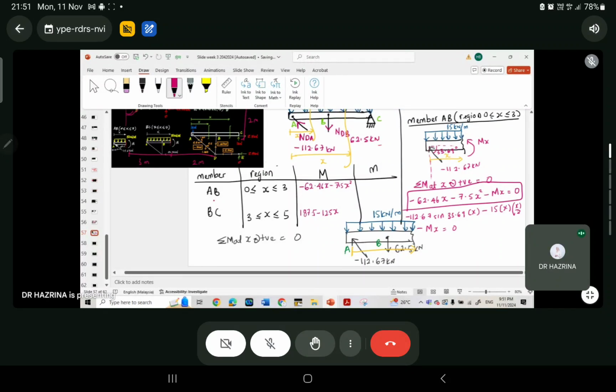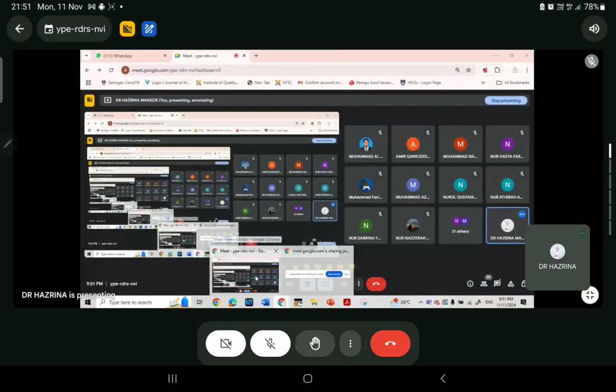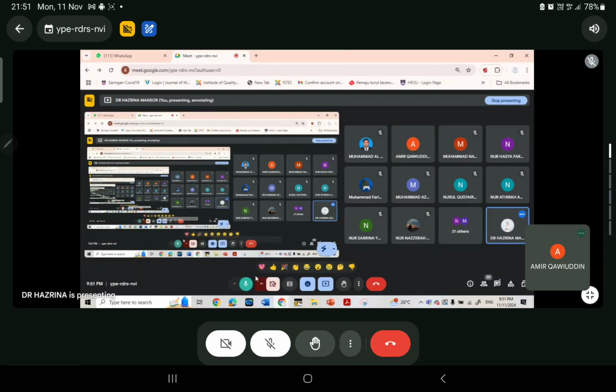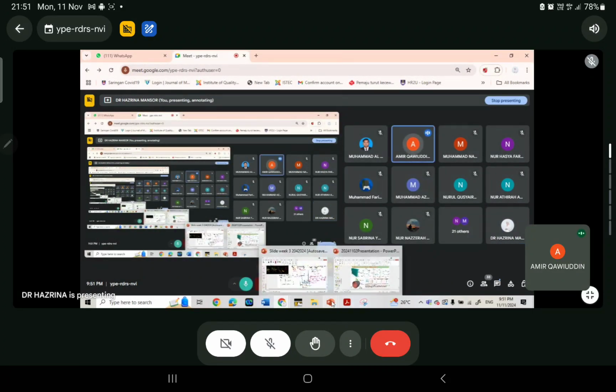Ni simplified version lah. Saya tak tambah UDL tu, sorry madam. Okay, buat lagi. Yang lain nak cuba? Anyone? Amir Kawiuddin. Sekejap madam, tengah simplify sekejap.